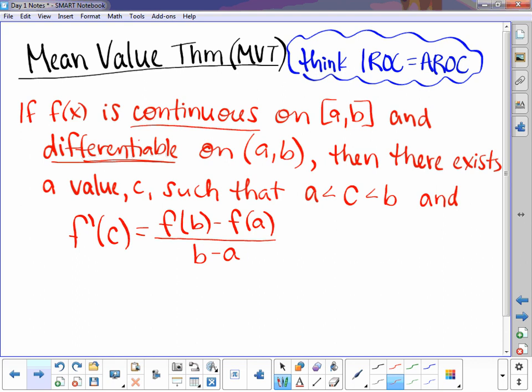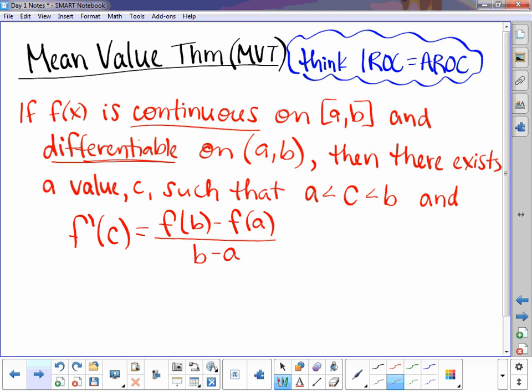So it's similar to intermediate in that it requires it to be continuous, and our c value is contained within the interval. But intermediate value theorem said our c is contained in the interval and the y value is contained within that interval. Whereas for mean value, it must be also differentiable, and the big idea is that the derivative at that point is equal to the secant slope at some point.